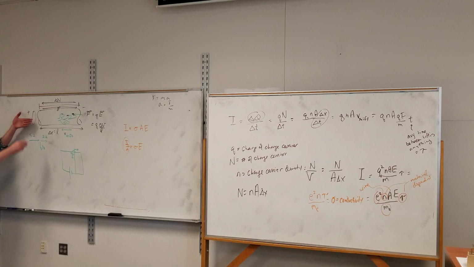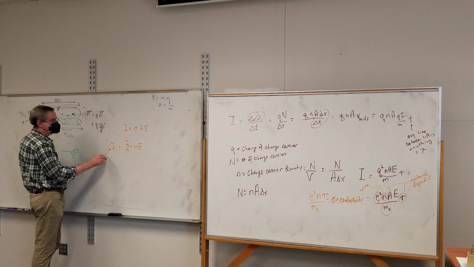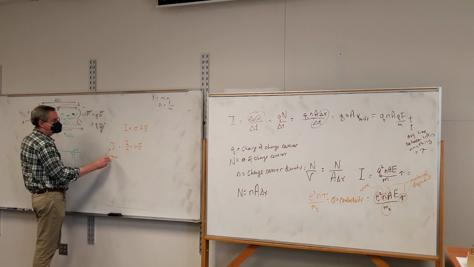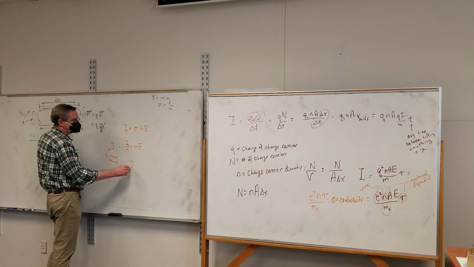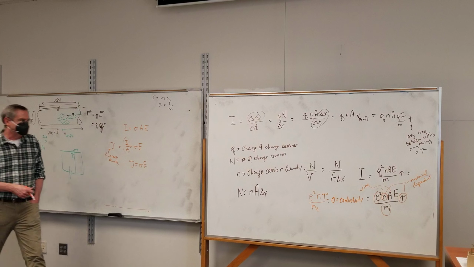So I have current flowing through here divided by the amount of area. This is known as a current density, usually symbolized by the letter J. This is the current density. And I think of this as the Joe equation: J is equal to sigma E, and E equals like Joe.